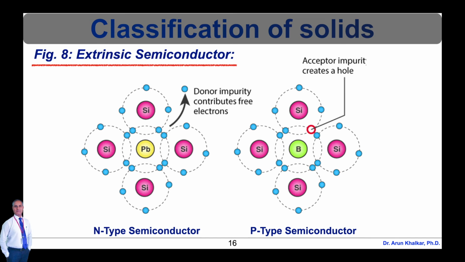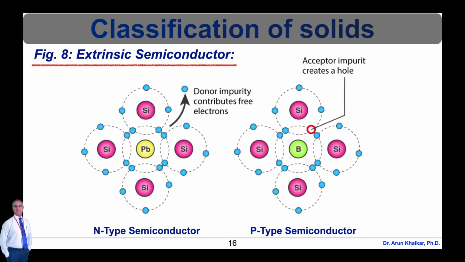Since the number of free electrons increases by the addition of an impurity, the negative charge carriers increase. Hence, it is called N-type semiconductor. The crystal as a whole is neutral, but the donor atom becomes an immobile positive ion. As conduction is due to the large number of free electrons, the electrons in the N-type semiconductor are the majority carriers and holes are the minority carriers.